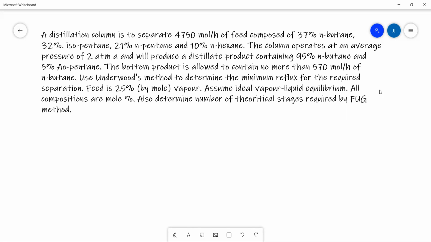Now the column operates at an average pressure of 2 atmosphere. It is already provided that the pressure is 2 atmosphere, and it will produce a distillate product containing 95% n-butane and 5% isopentane. Again, this is isopentane, let me correct here.